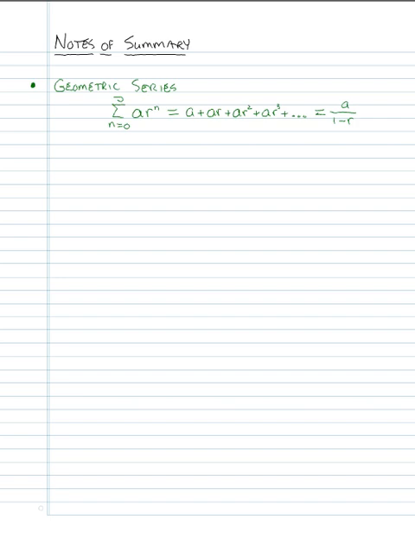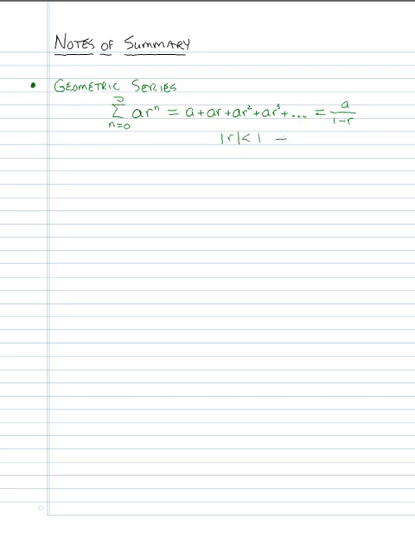So the first is about geometric series. And the geometric series is one of the form that we see here. And we know that a geometric series converges if the absolute value of r is less than 1.